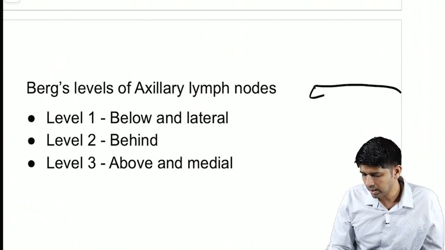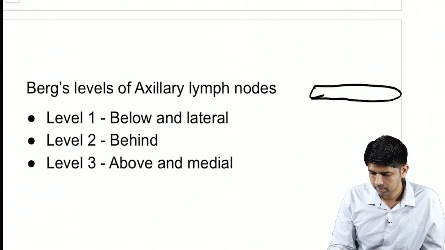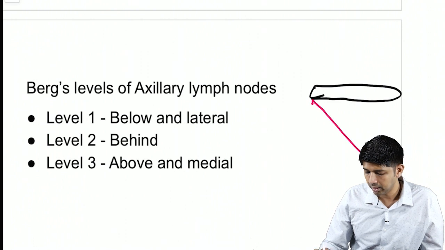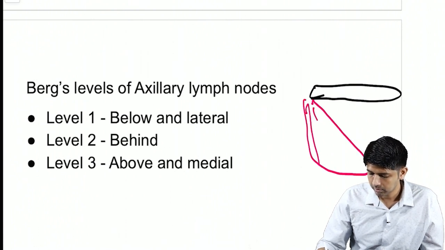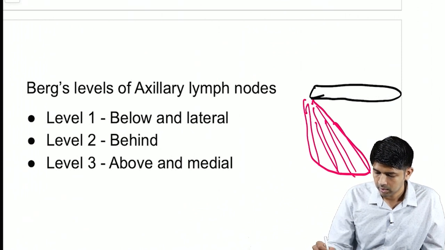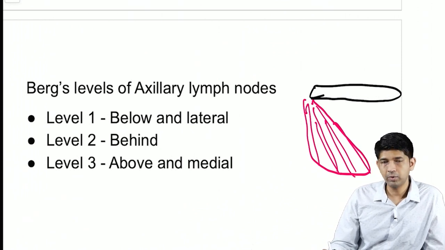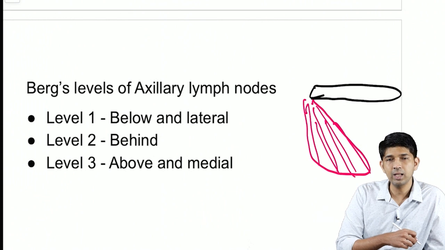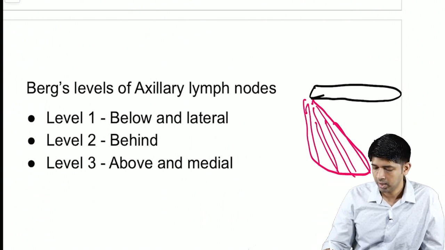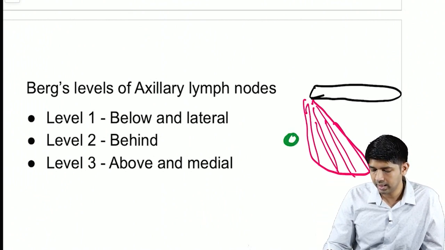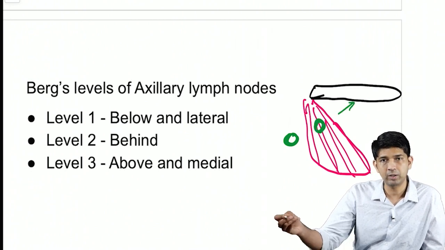Alright. So if this is the clavicle, this will be the pectoralis minor muscle. So any lymph node, we have already read that first it comes to the axilla, then it goes higher up. So first lymph node is in the axilla, then it goes behind the pectoralis major, then it goes above the pectoralis major.